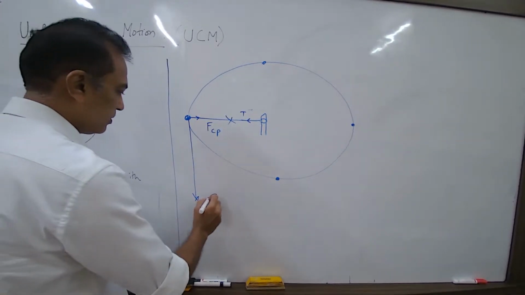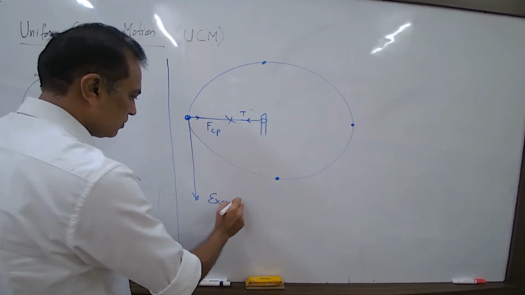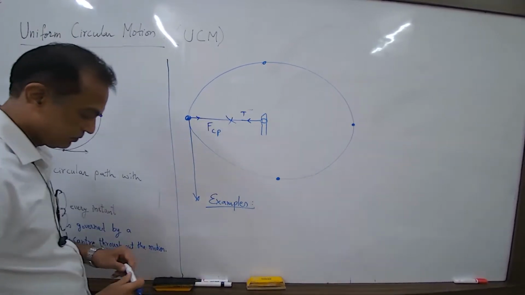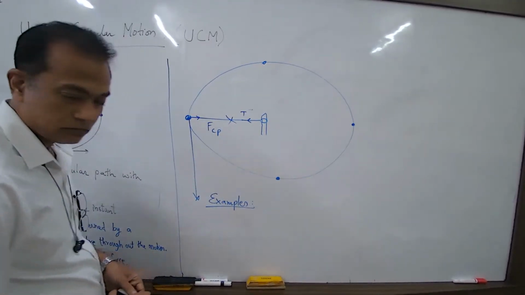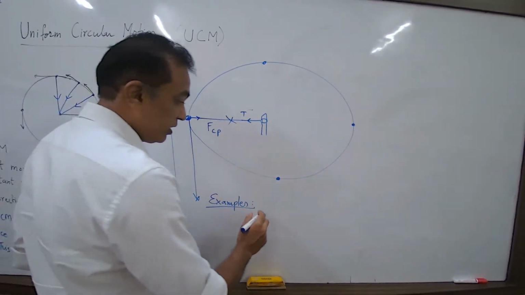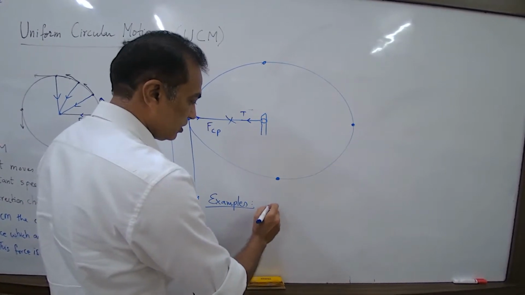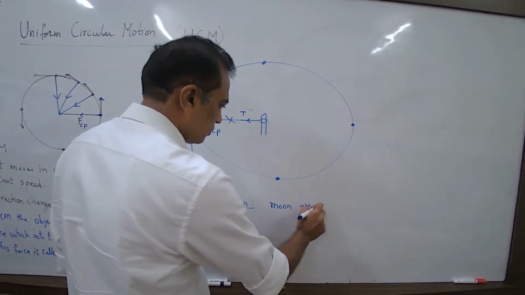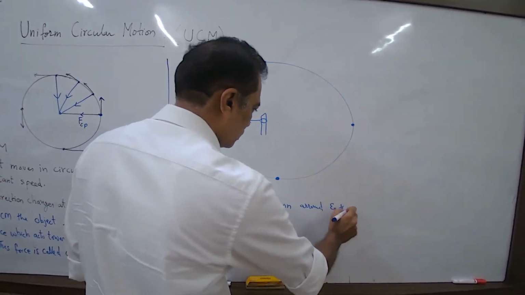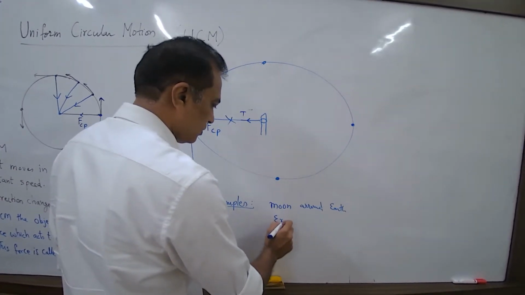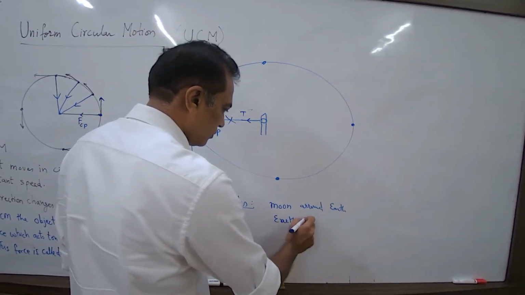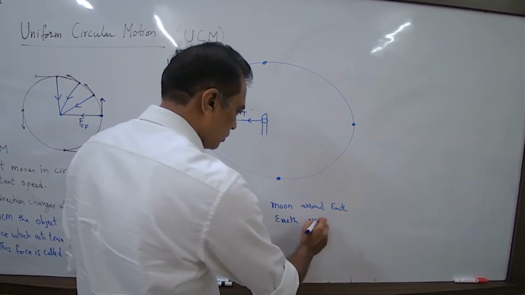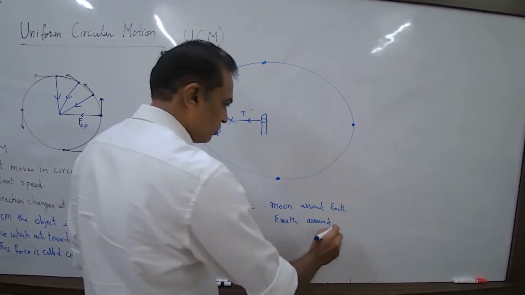Now some examples. What are the examples of uniform circular motion? The speed has to be constant. So we know the revolution of the moon around the Earth, is it uniform, or the Earth around the Sun? Does it take the same time to complete the revolution every year?